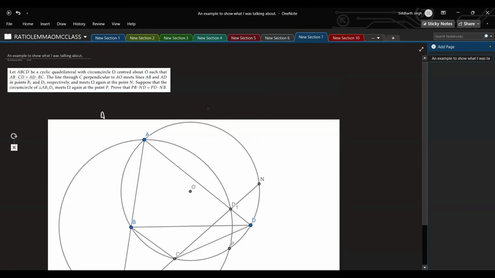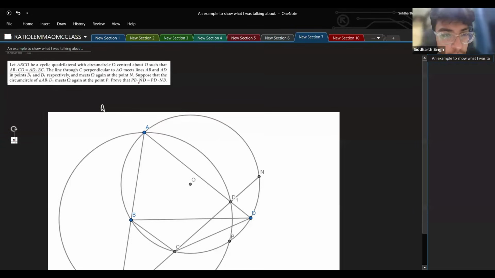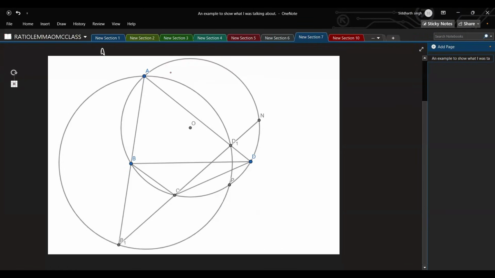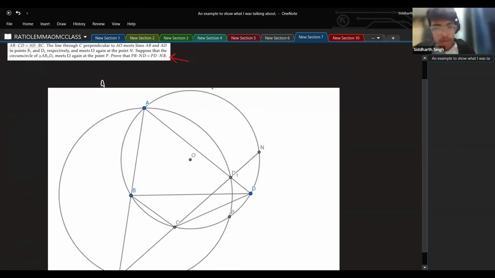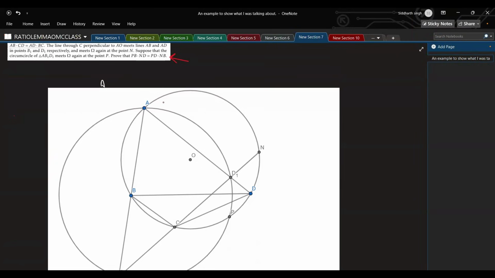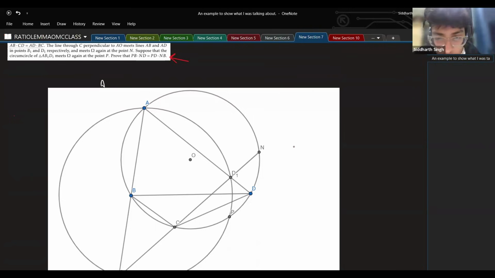Okay, so what do you want to prove? PB times ND is equal to PD times NB. So rearrange this ratio. Wait, do that at the end. That's my final step. So PB by PD is equal to NB upon ND, because this is way more convenient.